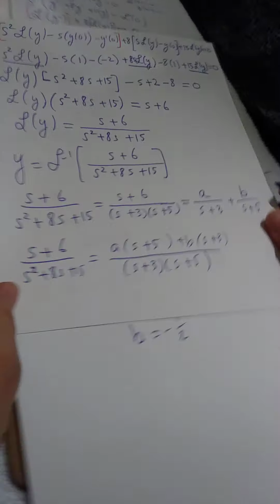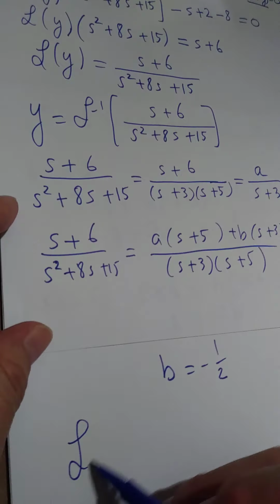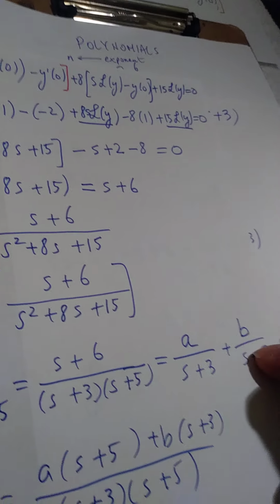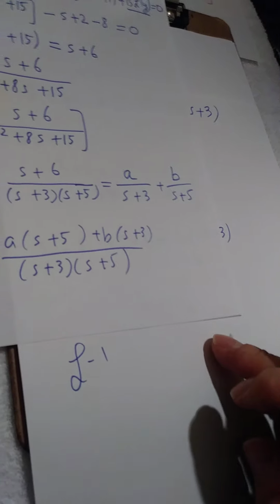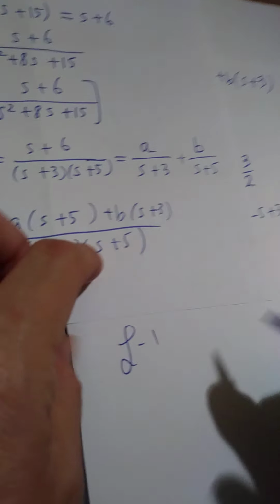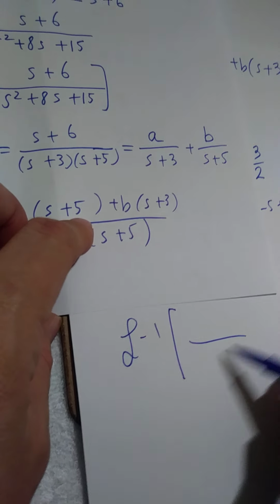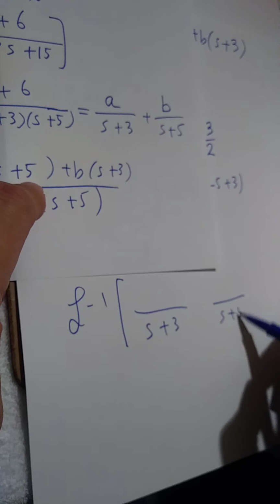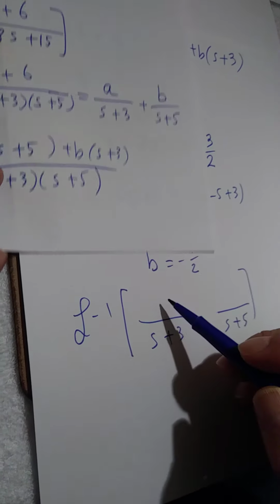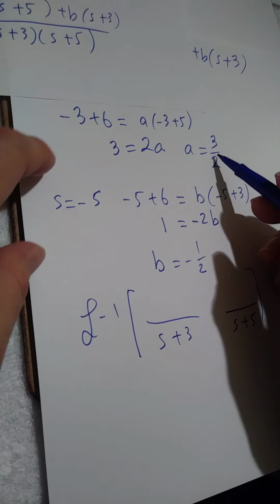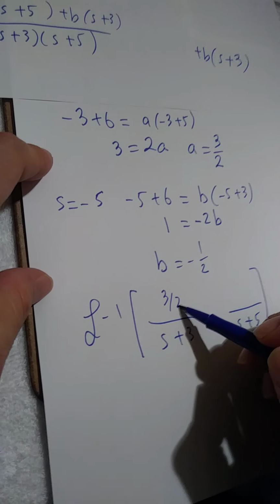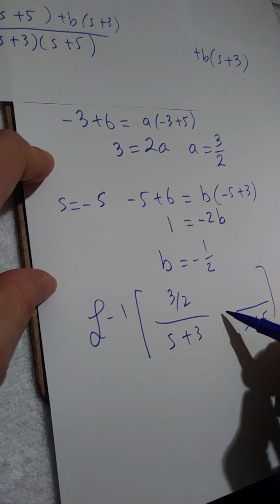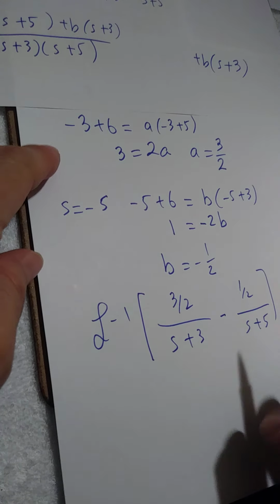So what we're trying to invert is this. Here's what we had: a over s plus 3 plus b over s plus 5. Up here we have a, which is 3 halves. We got that. And then b is minus a half. So you can put plus minus a half or minus a half, like this.